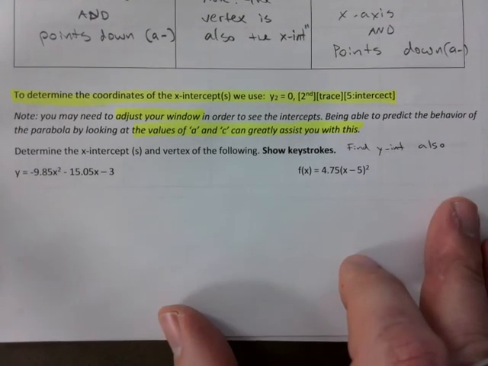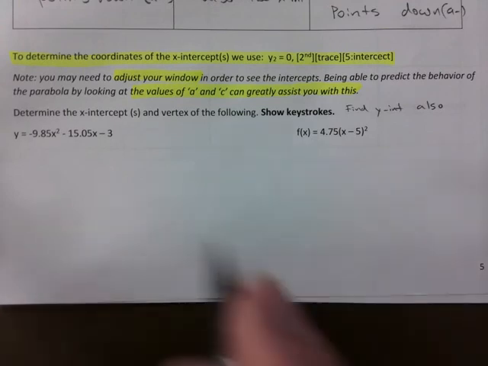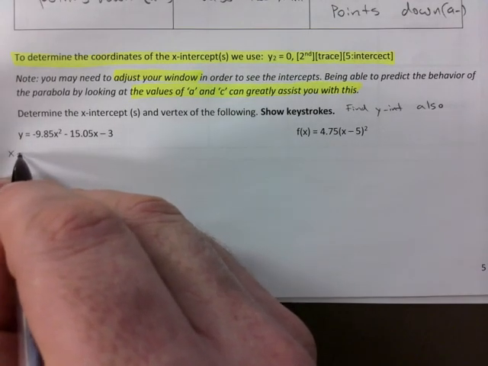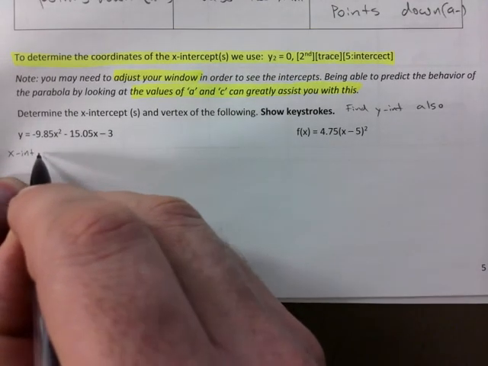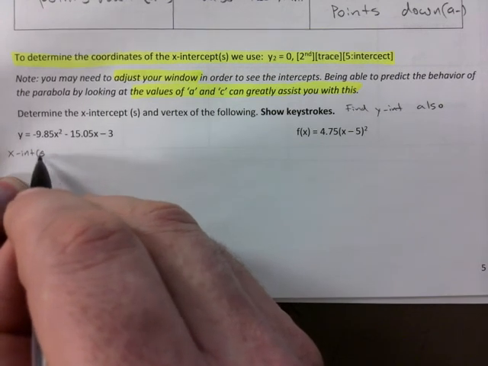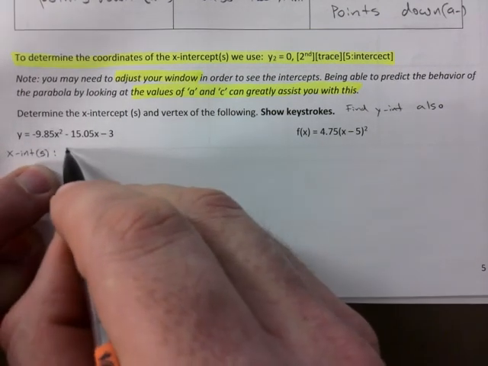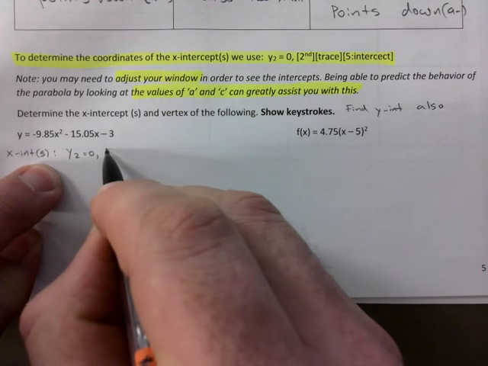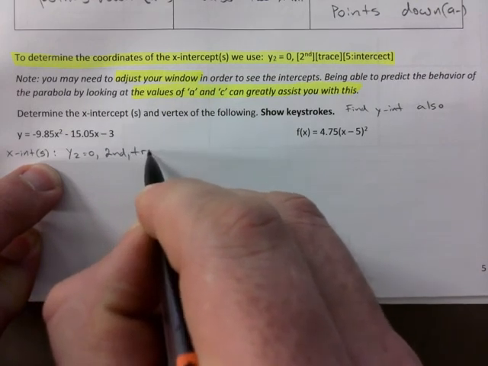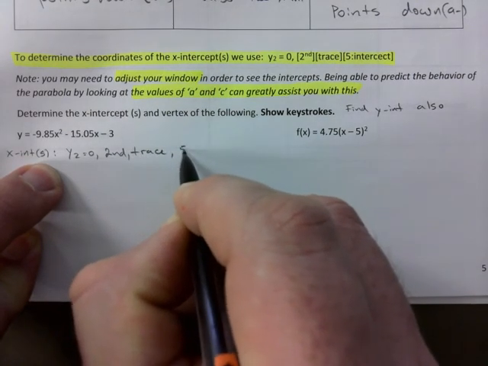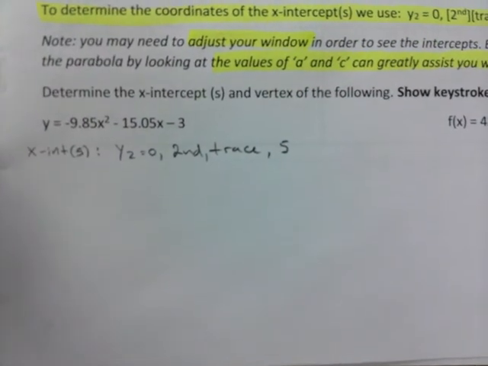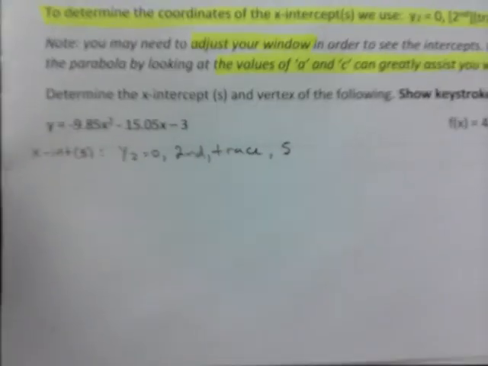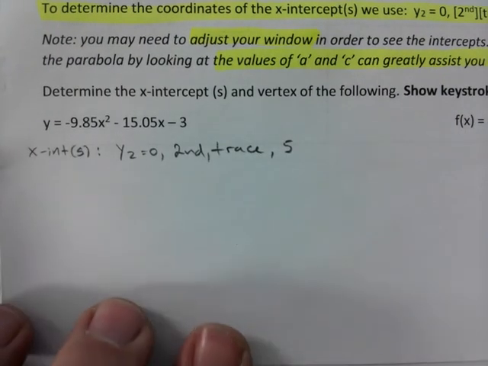Okay, so I'm going to focus on the x-intercept first. X-intercept or x-intercepts. I'm going to make y2 equal to 0, and I'm going to use second trace 5. I'm going to zoom into that because I'm going to stick to that for now.